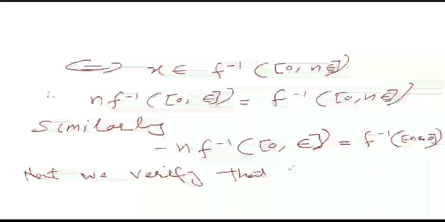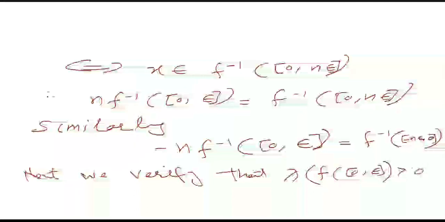From this we can use the Steinhaus theorem, because if the Lebesgue measure of the set is positive, then the set difference must contain some interval. That's what we're going to use here. The Lebesgue measure of 0 to epsilon is always a positive number.